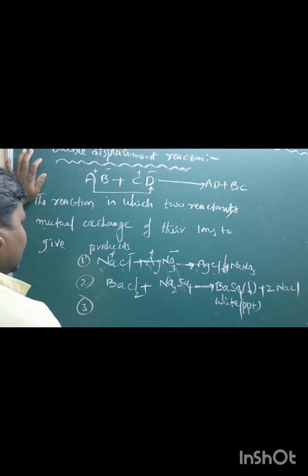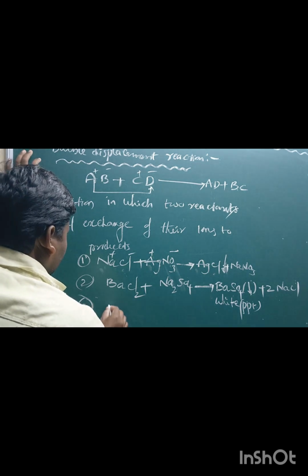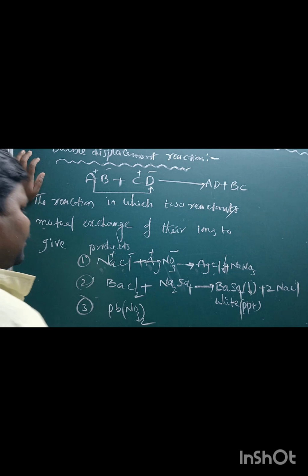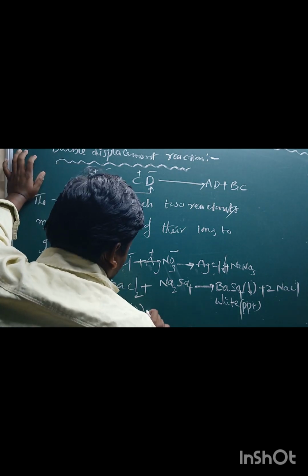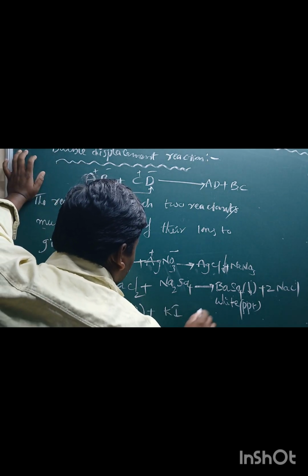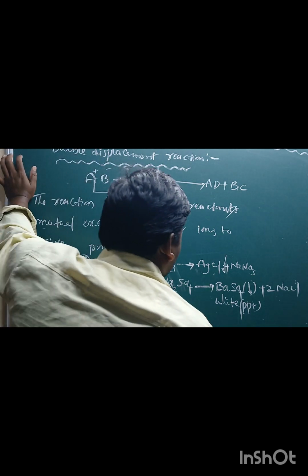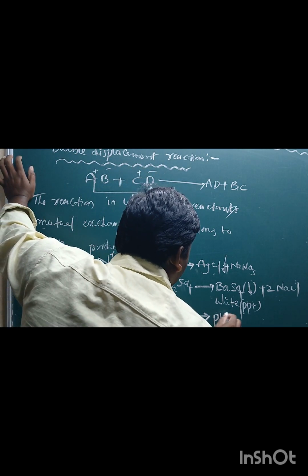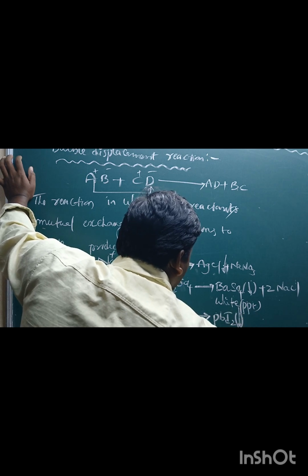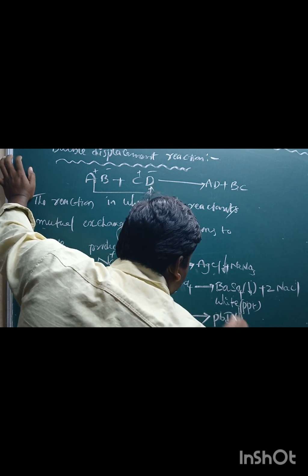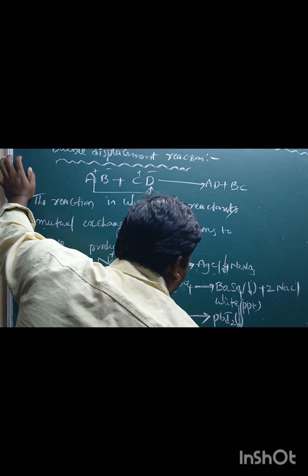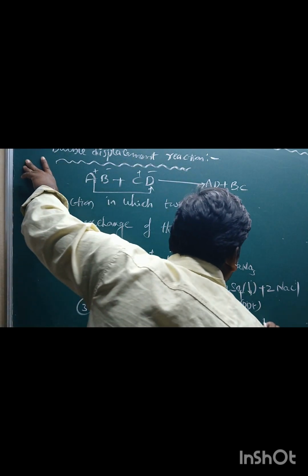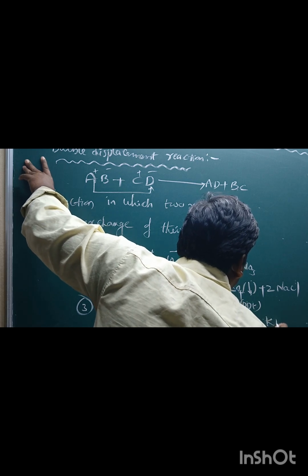One more example here. Lead nitrate, Pb(NO3)2, reacts with potassium iodide to give lead iodide, PbI2, which is a yellow color precipitate, yellow PPT, plus KNO3.